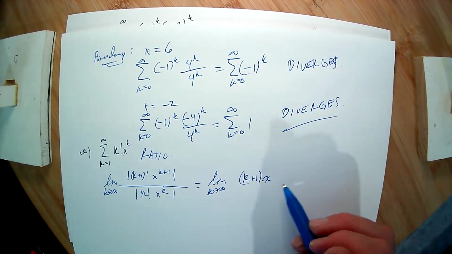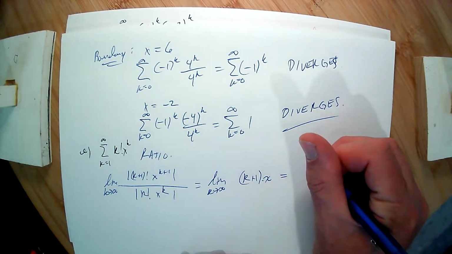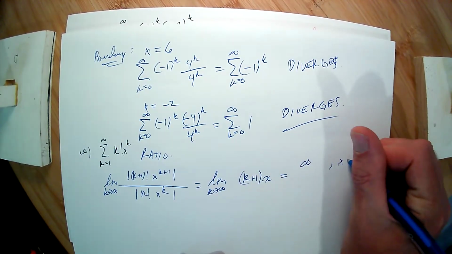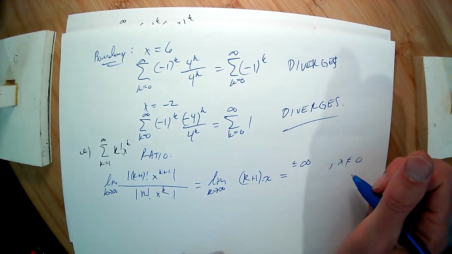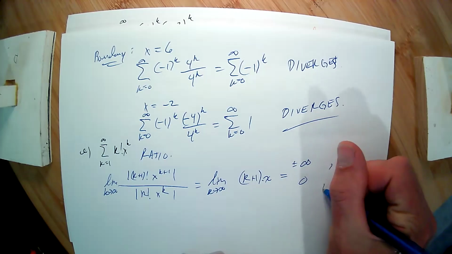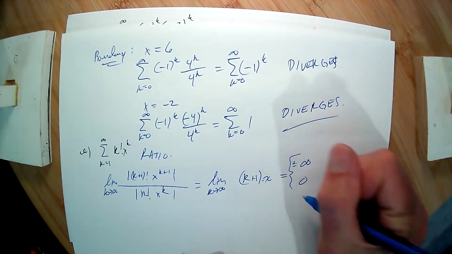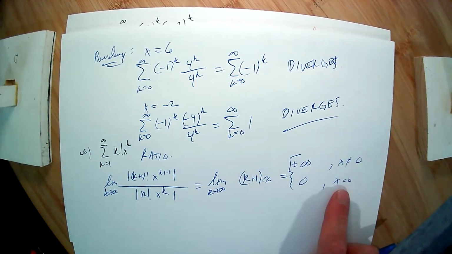So once again, this is definitely equal to infinity when x is non-zero, right? Infinity or minus infinity, I should say plus or minus, depending on the sign of x, okay? But it's equal to 0 in the case where x is equal to 0, okay? So what that tells us here is that this rho is only 0 when x is 0, less than 1 when x is 0.